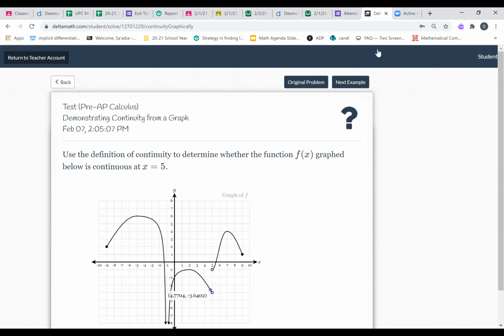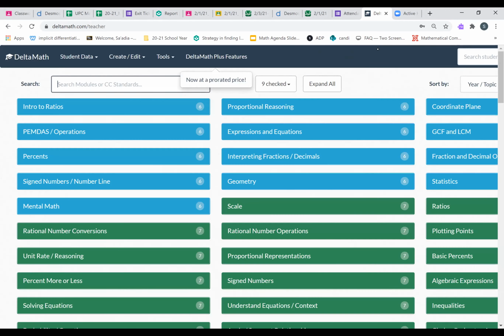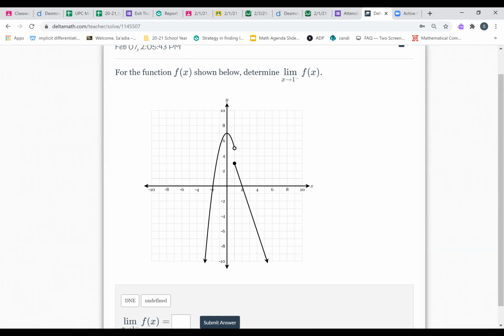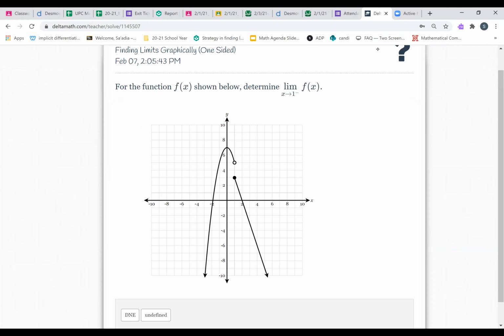And I'm going to find now some examples of limits because some people struggle with finding limits from a graph. One-sided, two-sided, all of that. So this one here says, find the limit as x approaches 1 from the left.